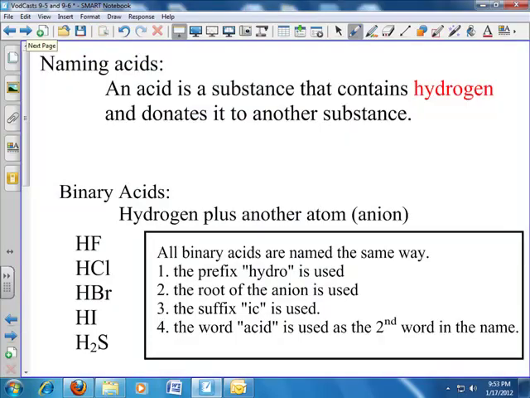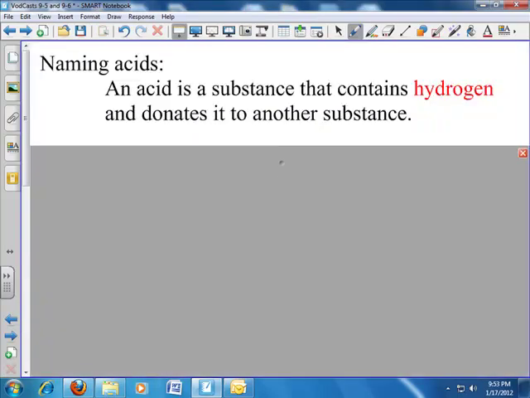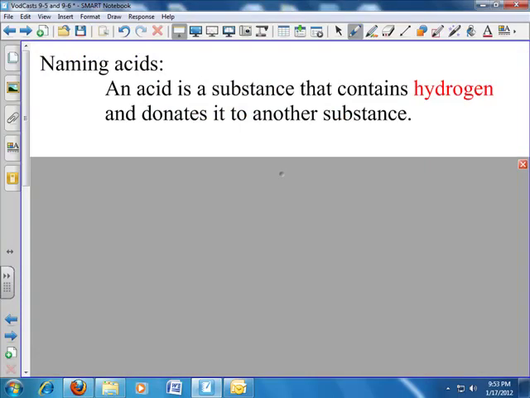Now, just to give you an idea, though, of what an acid is, okay? An acid is a substance that contains the element hydrogen, okay? And what it's going to do is eventually donate that hydrogen to another substance.